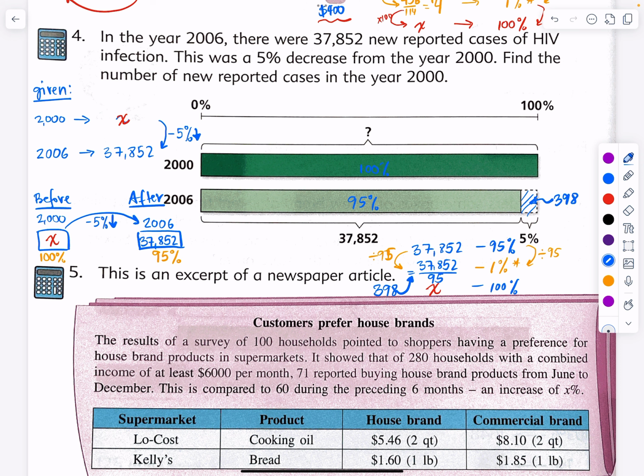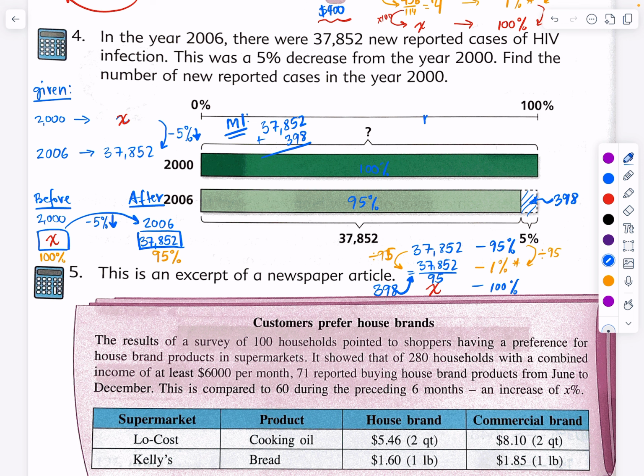398 cases. We can go about it two ways. To find the original quantity, we can say method 1. We can say 37,852 plus 398. That's one way to do it.